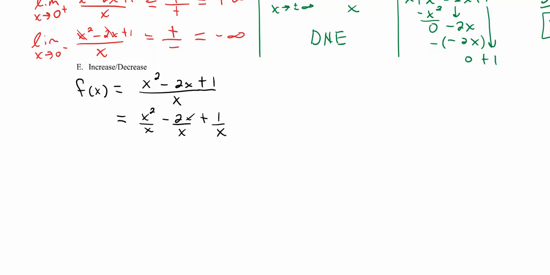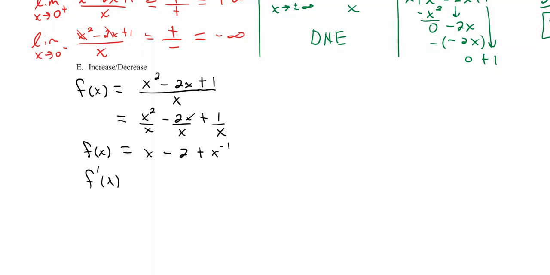They're all over x. So then this would be x squared divided by x, which is just x, minus 2, and then 1 over x, so plus x to the negative 1. And now that will be so easy to take the derivative of, right? So if you can get away with it, I would do that.